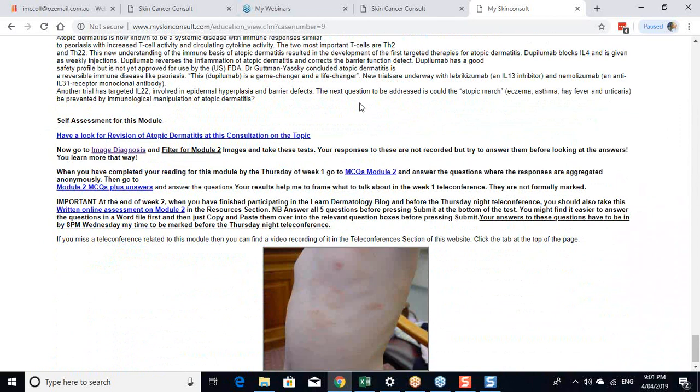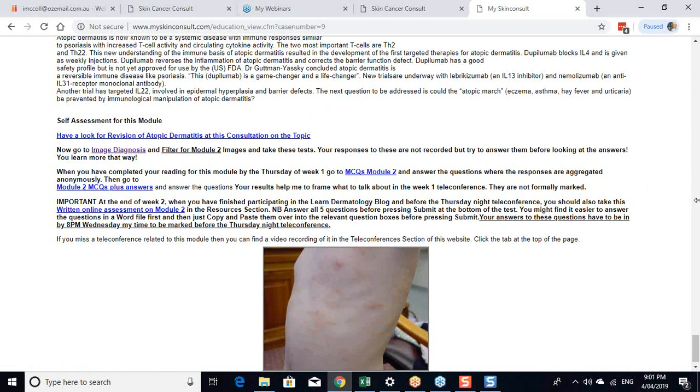So you've got to continuously monitor them, and try every 3 months or so to see if you can get them off the Neoral or lower the dose to the minimum dose that controls their atopic dermatitis. So dupilumab may well be a major advance in the treatment of atopic dermatitis, but it's highly expensive and hasn't been put on the PBS yet.